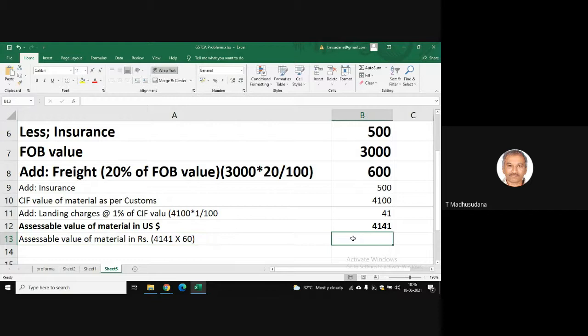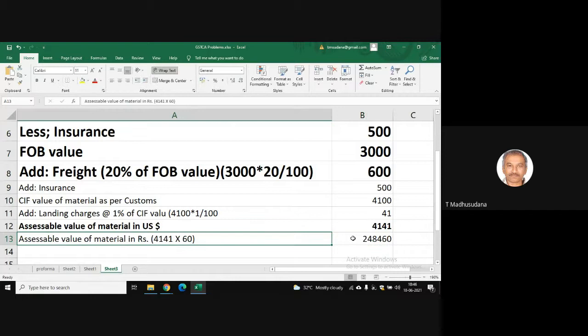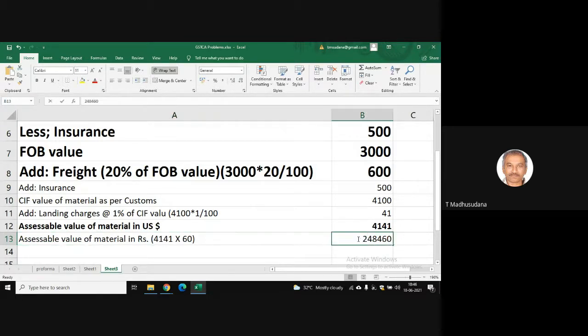That comes around 2,48,460. This is in Indian currency. 2,48,460 is the assessable value of material in Indian national rupees.